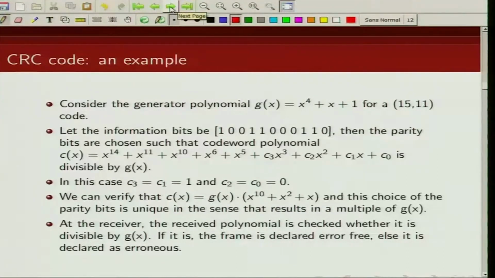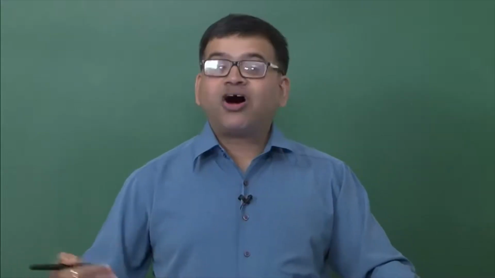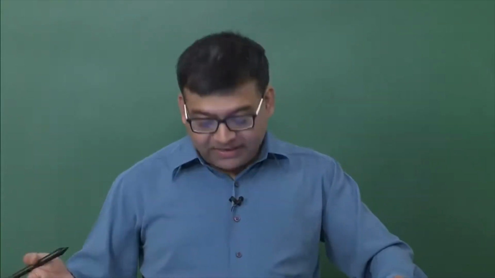Now, at the receiver, once we get the received polynomial, we are going to check whether there are errors or not. How are we going to check? We are going to divide this received polynomial by g of x. If it is divisible by g of x, that means either there is no error, or the errors have converted it to some other code word and are undetected.